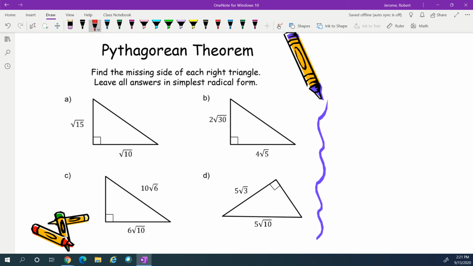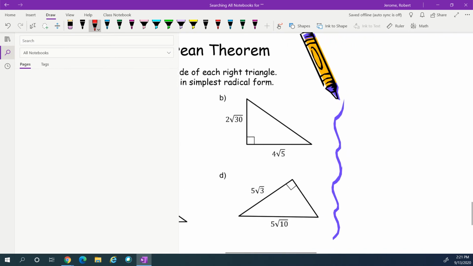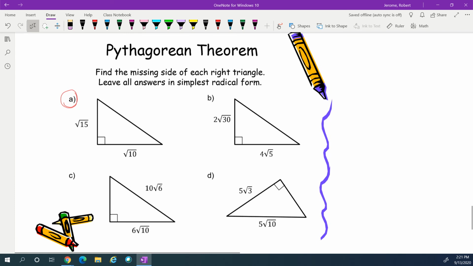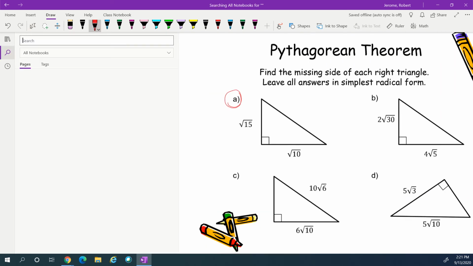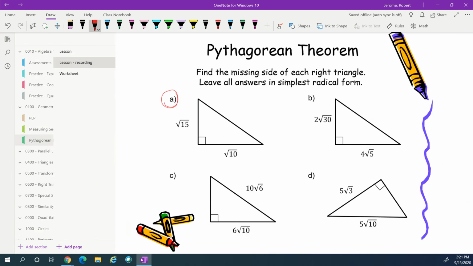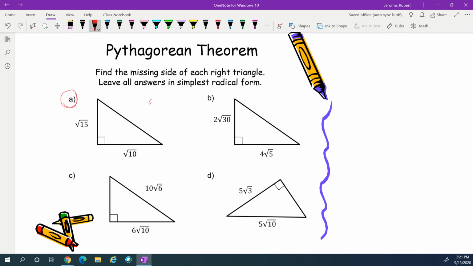So let's do an example. And again, we'll do A. Whoops, sorry about that. My screen. Okay. Try this again. A squared plus B squared equals C squared. I'm looking for C. A and B are interchangeable.